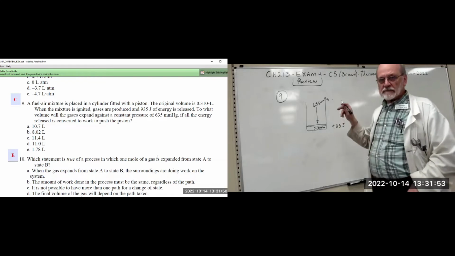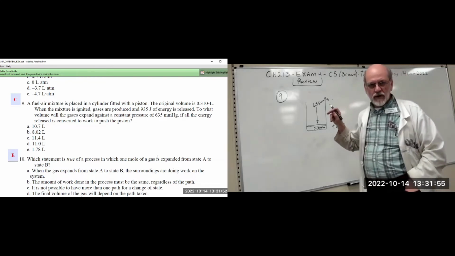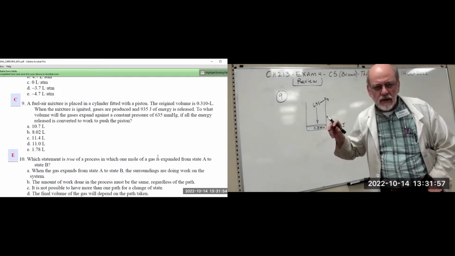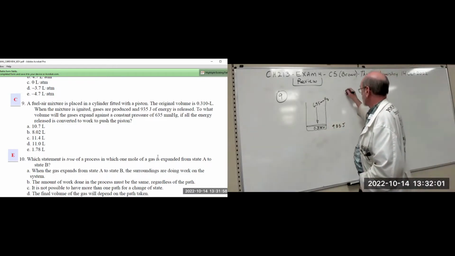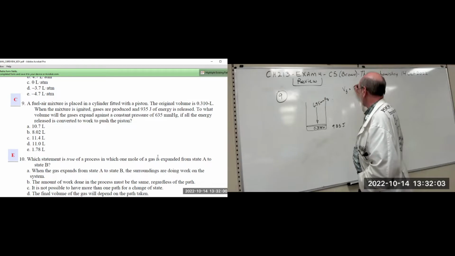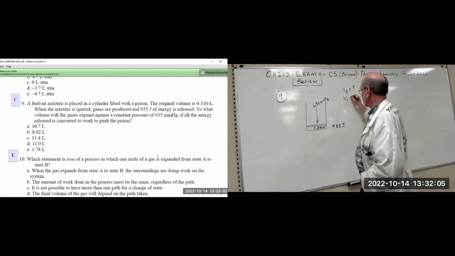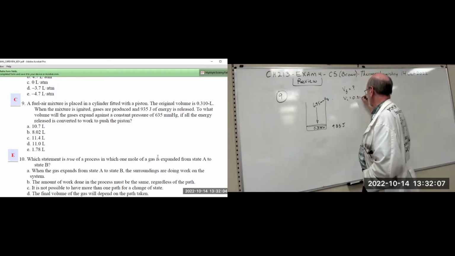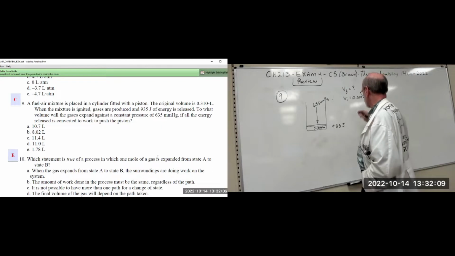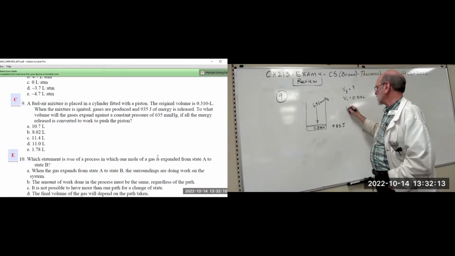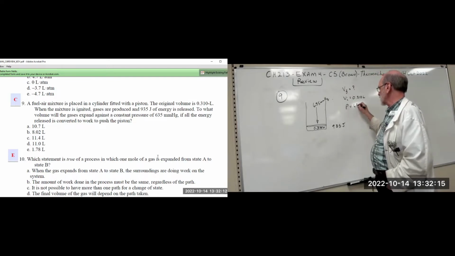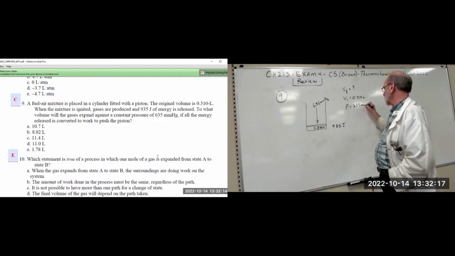We want to know the final volume. Initial volume is 0.310 liters, and constant pressure is 635 millimeters of mercury.